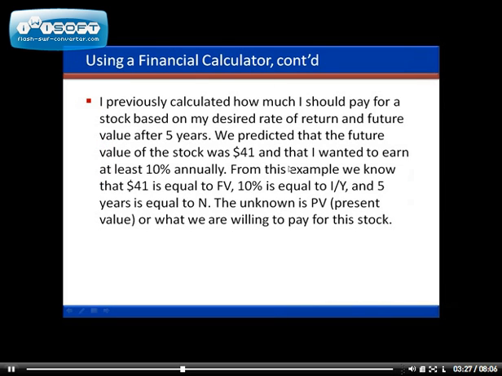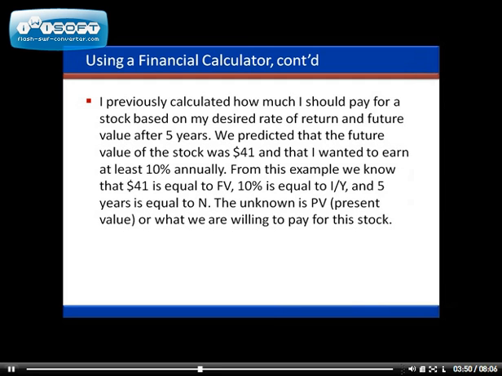And in the last video tutorial, what we did was we calculated how much we should pay for a stock based on my desired rate of return and the future value after 5 years. And so we predicted that the future value of the stock was $41 and that we wanted to earn at least 10% annually.